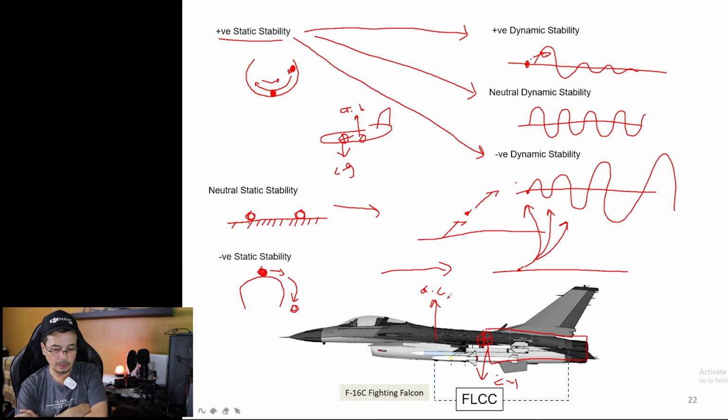That's why the computer, the fly-by-wire, is needed to do all the corrections for so much deviation because of the negative static stability. So I have a video, you can refer to the video as I show it there.